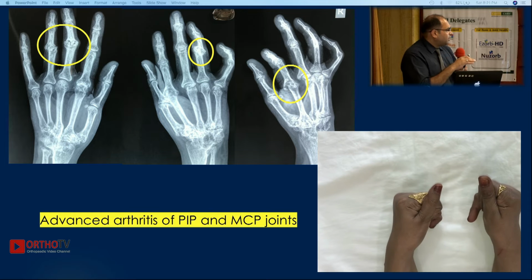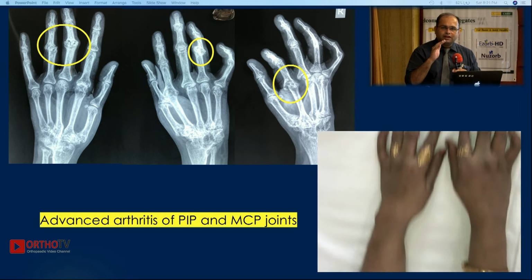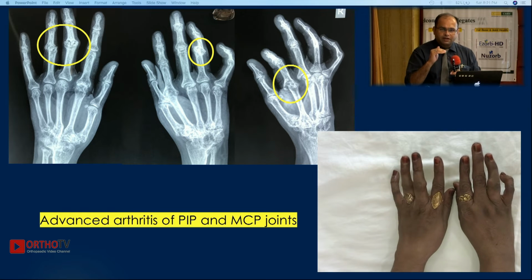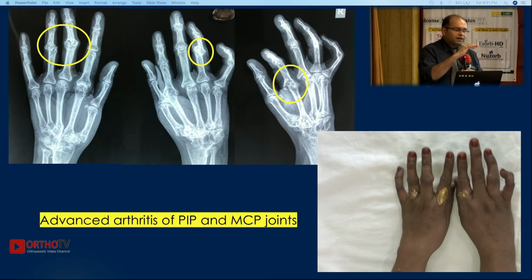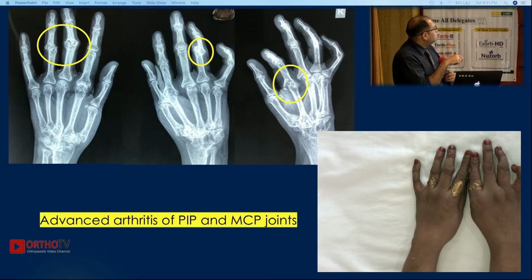What we would do surgically is an arthrodesis of the PIP joint, which is fused in extension, and I would fuse it in flexion, but the patient has probably adjusted to her current deformity so well that we should not disturb the pathology.